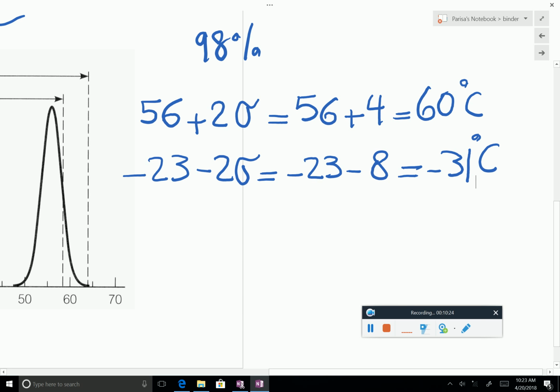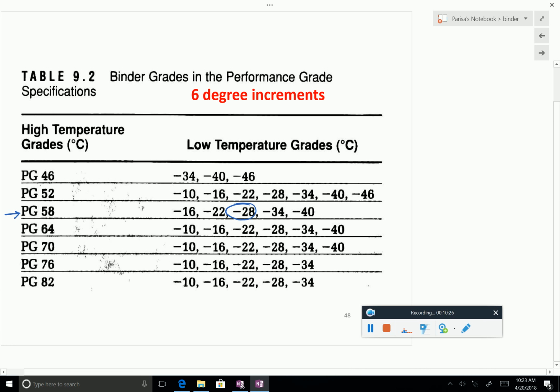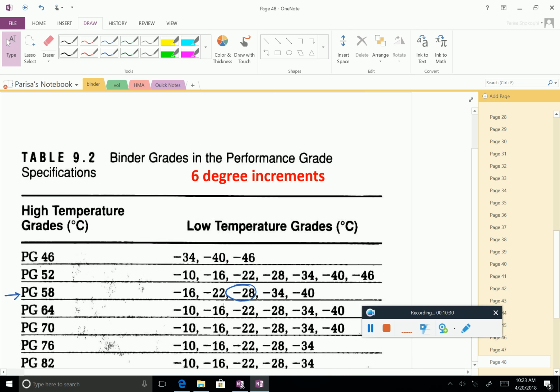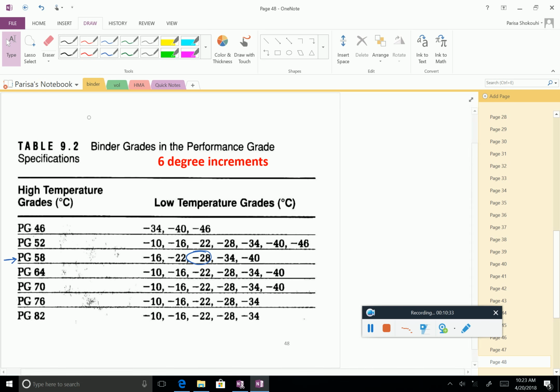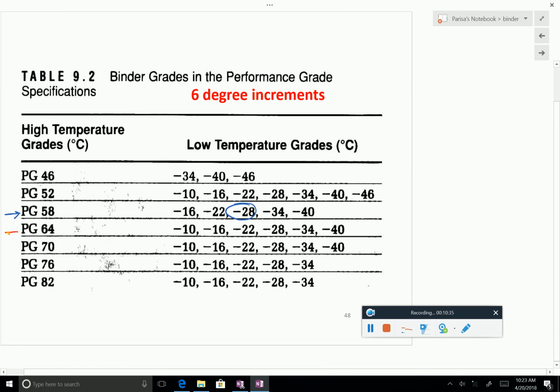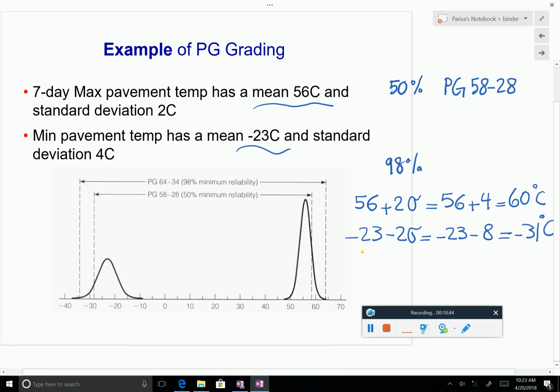60, negative 31. I go back to the table. Oops, we don't have 60. What do we have? 64. Right. And we don't have negative 31, but we have negative 34. So the grading would be PG 64, 34. In the homework problems, there are examples like that.